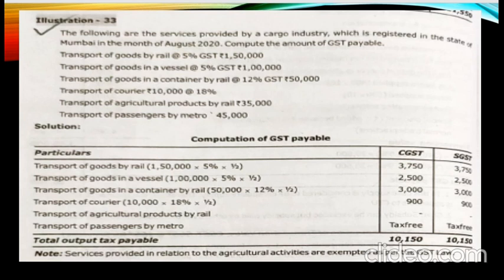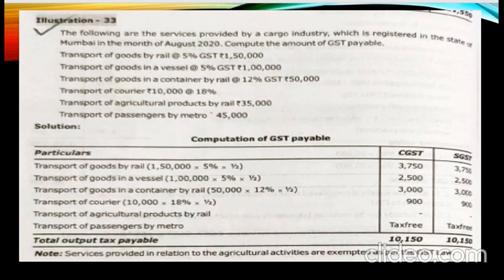Then transport of courier, which is 10,000 at 18%. So it will be distributed for central and state. So 10,000 into 18% into half, which is 900 and 900. Then transportation of agricultural products by rail, which is 35,000. So railway goods related to agricultural products are tax free, so there is no tax imposed on it.